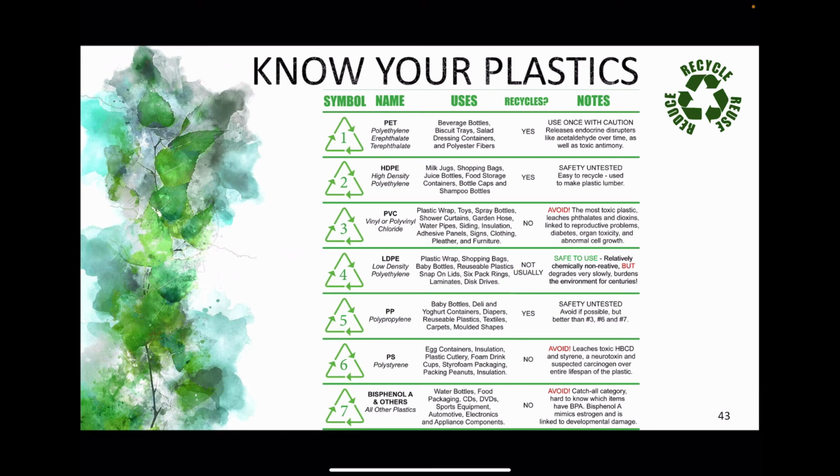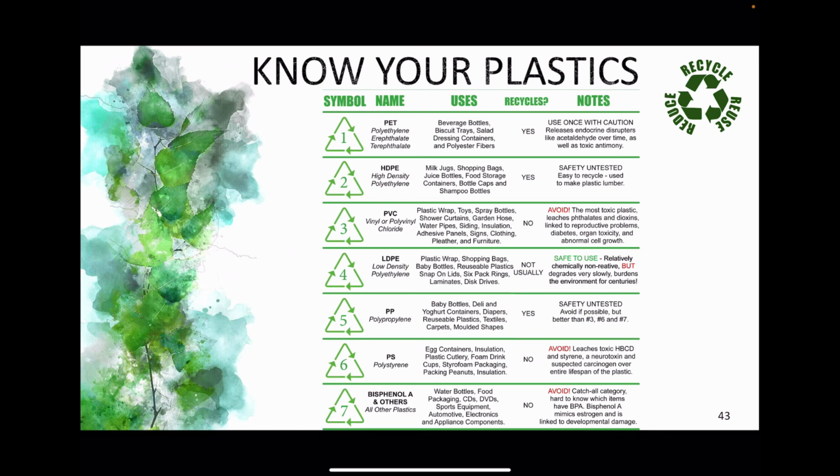This plastic cannot be recycled, so make sure to avoid this type of plastic because it leaches toxic HBCD and styrene, a neurotoxin and suspected carcinogen, over the entire lifespan of the plastic.